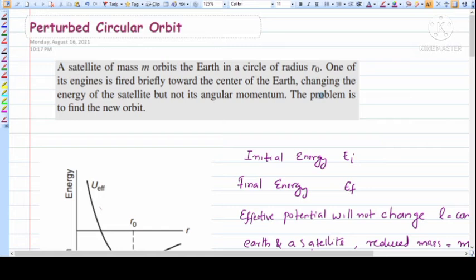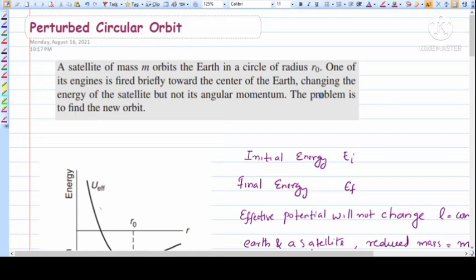The situation is, we are considering a satellite of mass m. It orbits around Earth in a circle of radius r0, and one of its engines is fired briefly towards the center of Earth, changing the energy of the satellite, but its angular momentum does not change.